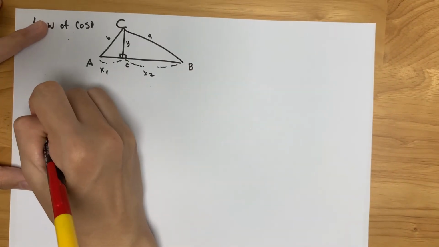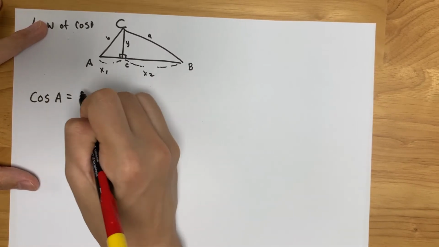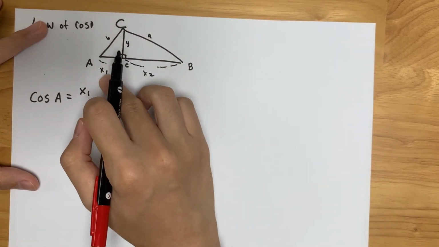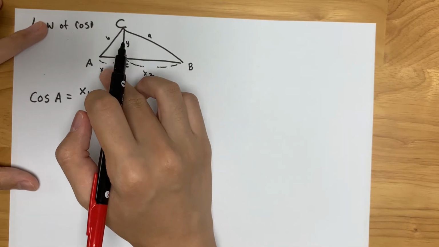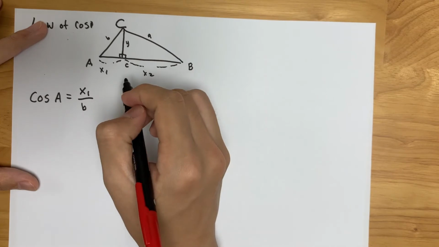And I'll do this really quick. What's cosine of A? Cosine of A is x1 divided by hypotenuse b, right?